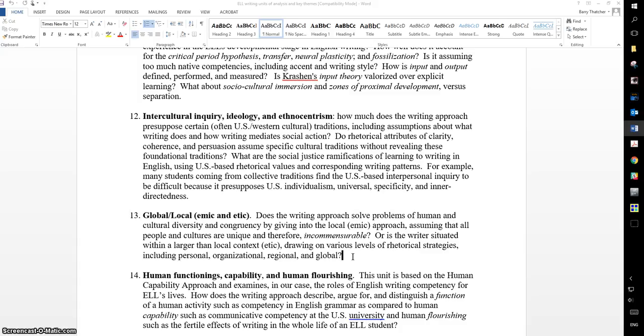That is called the emic approach, and this goes back to a distinction made long ago in linguistics. Emic comes from phonemic and etic comes from phonetic. Now, the etic approach is an approach that all cultures share these common problems or these common circumstances, but the solutions to each culture are unique.